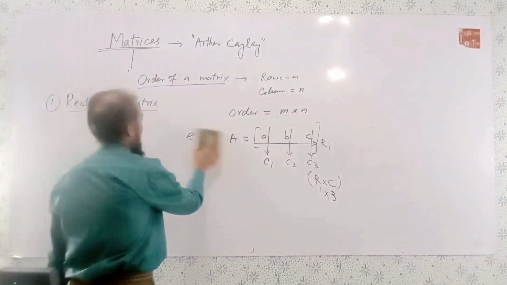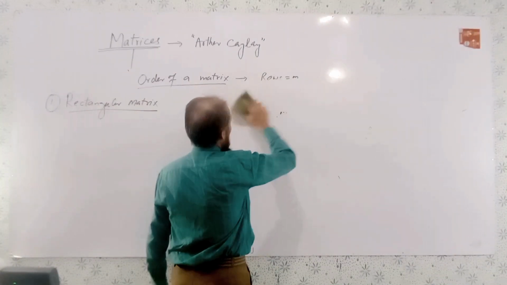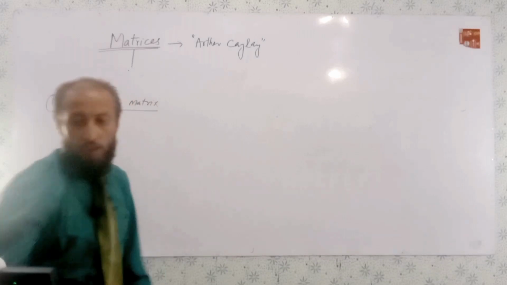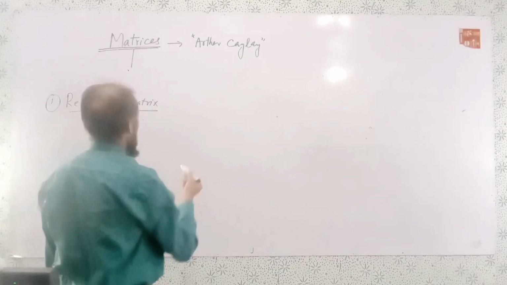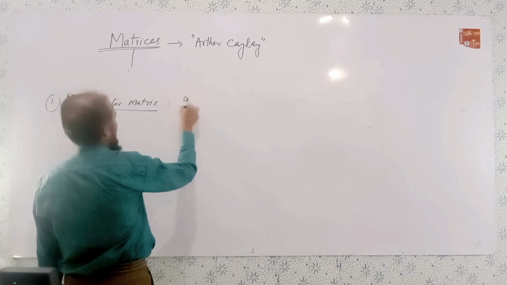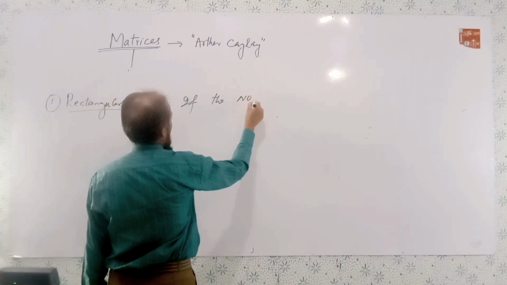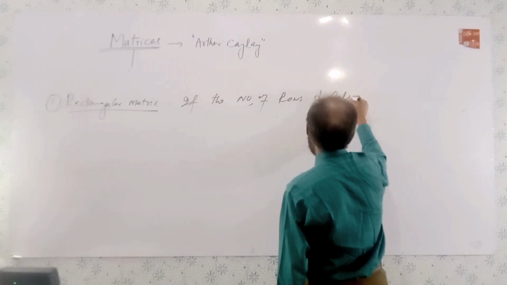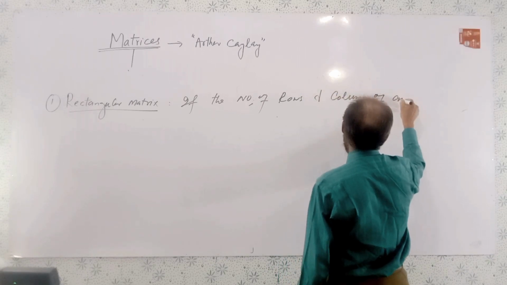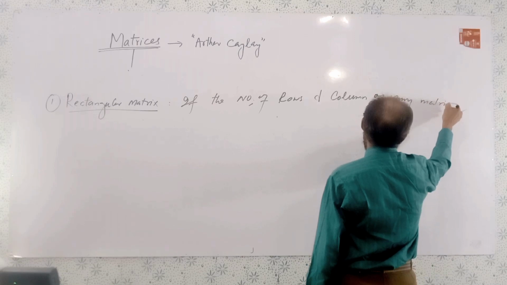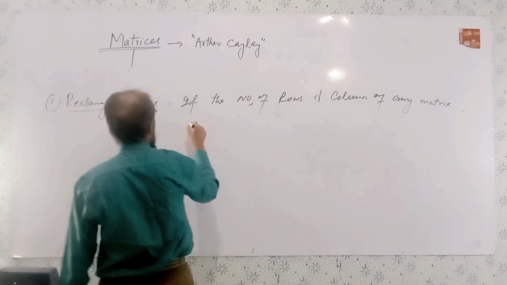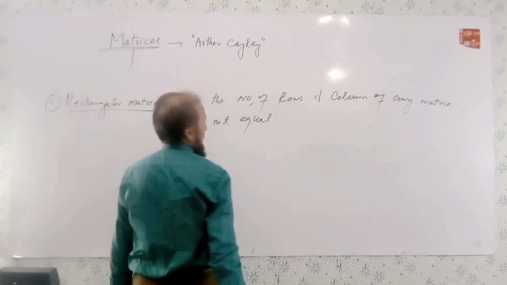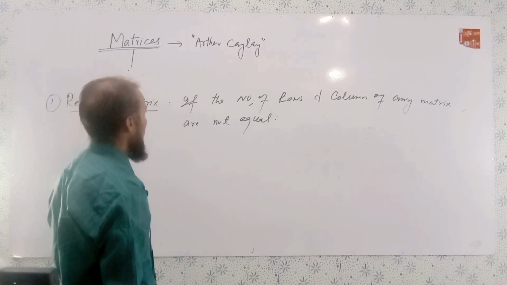According to the definition, if the number of rows and columns of any matrix are not equal, this will be called a rectangular matrix.